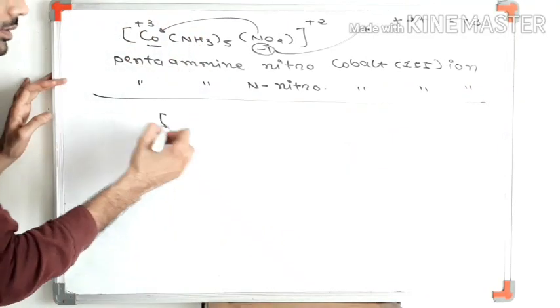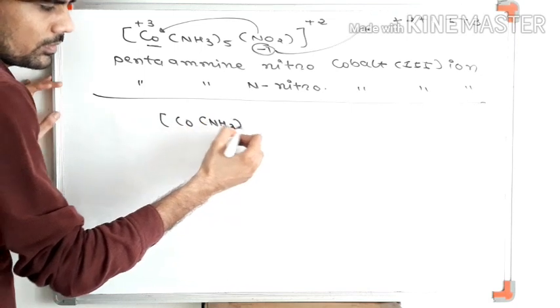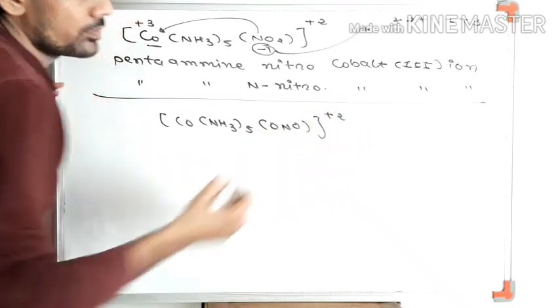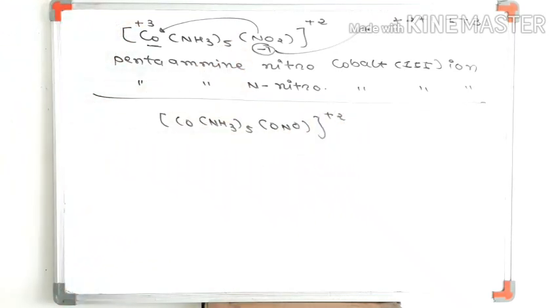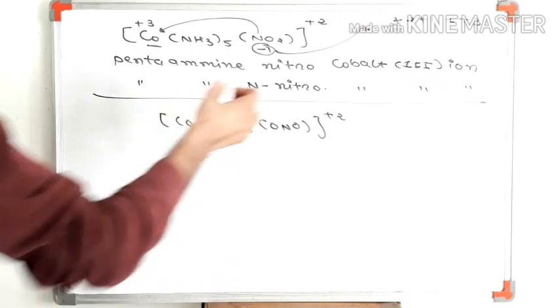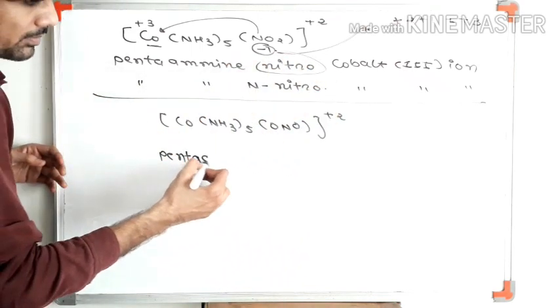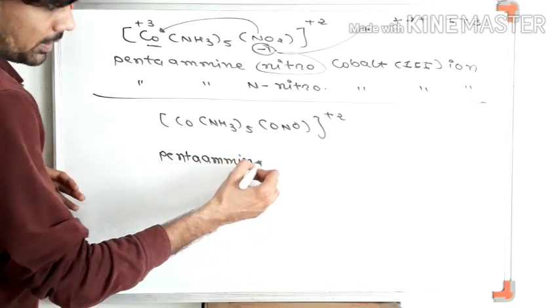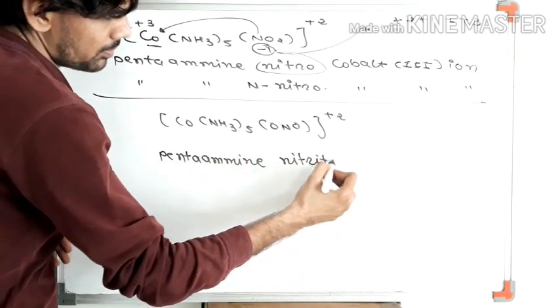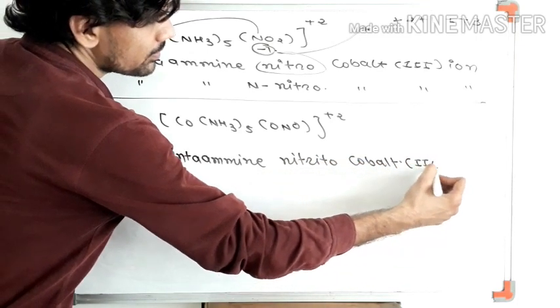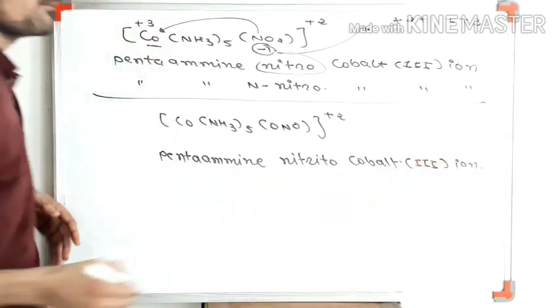Like for [Co(NH3)5(ONO)]2+. You know that NO2 is an ambidentate ligand. Nitrogen can donate its electron pair, or oxygen can donate its electron pair. If nitrogen donates, it is called nitro. If oxygen donates, it is called nitrito: pentaamminenitritocobalt(III) ion.